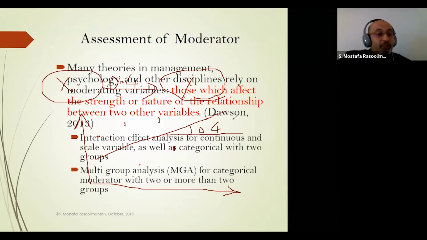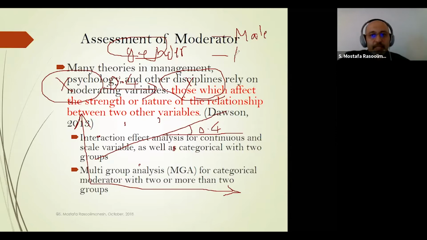But when we introduce a moderator for the effect of x to y, for example gender, we have gender here, and gender has two levels, male and female.